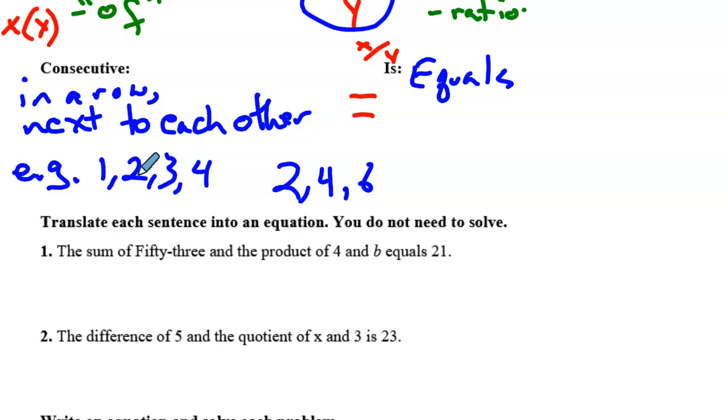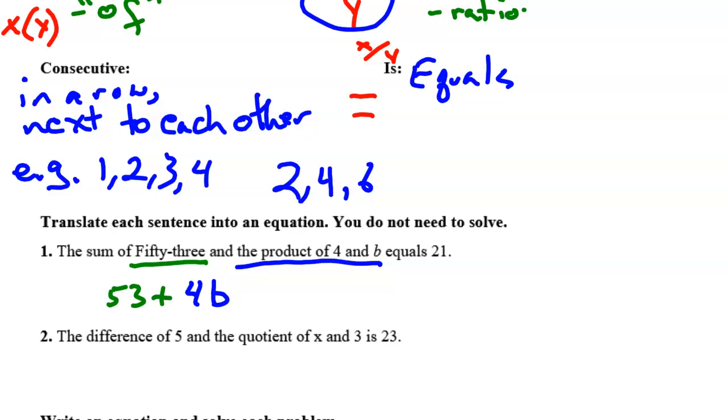All right, we're going to use some of this language now to try and solve some of these, or at least to write the equations. We have this statement that we need to translate: the sum of 53 and the product of 4 and b. So we're going to add 53 and the product of 4 and b. So I'm going to write those. 53 plus the product of 4 and b just means we're going to multiply 4 times b.